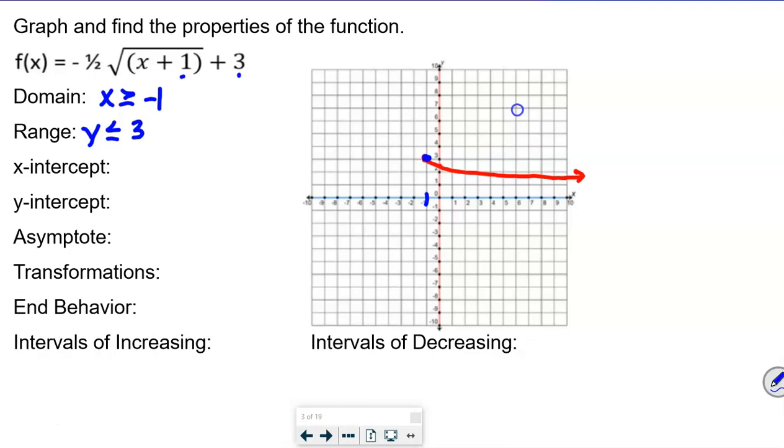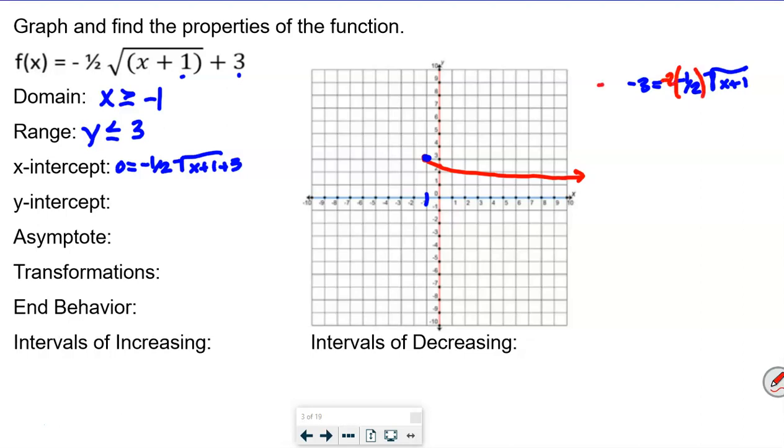Okay, so now our x-intercept we're going to have to find this time. So when we're trying to find our x-intercept, we're going to put 0 in for y and solve for x. So when we do that, we're going to subtract 3. I'm going to do it over here. -3 is equal to -1/2, and then we got the square root of x plus 1 left. Okay, then we're going to multiply both sides by -2 to get rid of this.